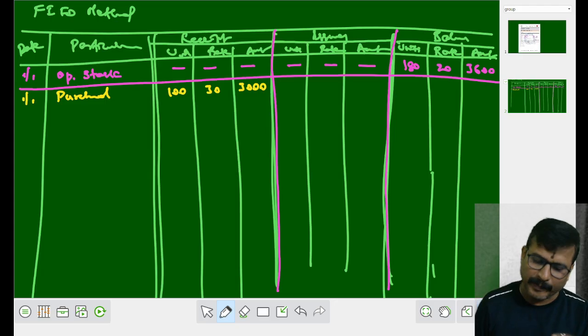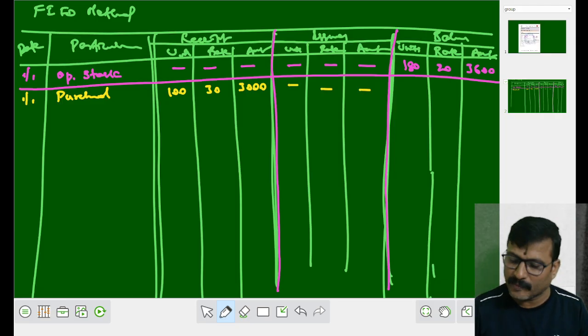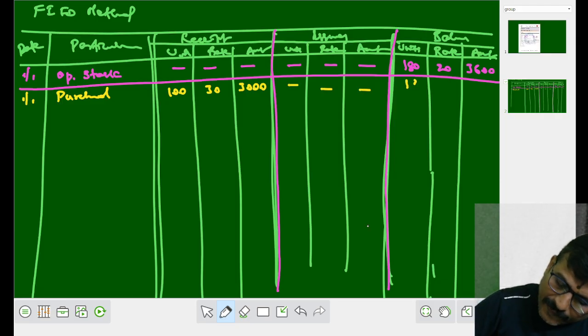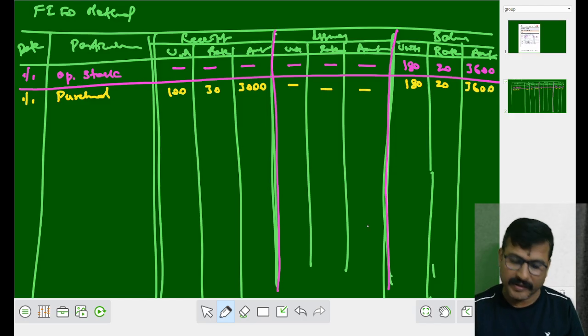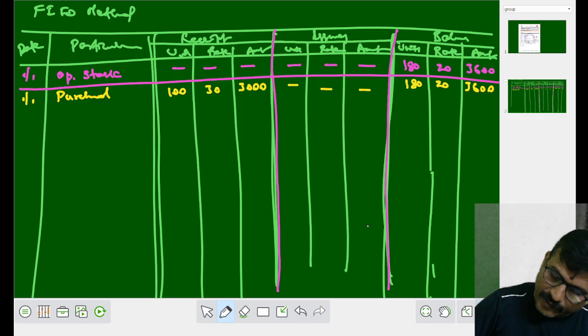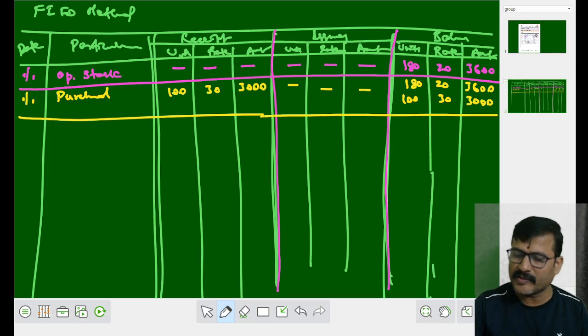Whenever you purchase, it is nothing but a receipt. You put a dash in the issues column. Moving on to the balance: earlier you have 180, 20 rupees, 3600. This is your first lot. Secondly, you purchased 100 units, a lot size, 30 rupees is the rate, it comes to 3000. Now, my dear children, you close it off. Let us move on to the next date.